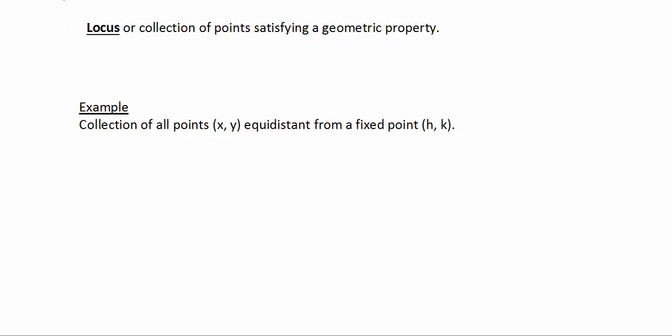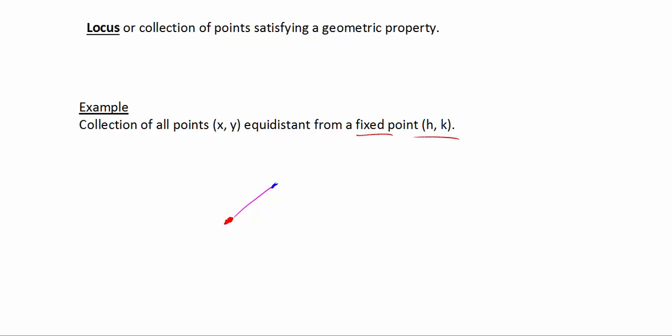All right, hopefully you were able to figure out this shape. If we look at this carefully, we have a fixed point h, k. That means we have a point that is not going to move. And we want the collection of all points that are equidistant from this point. So we're going to go out a fixed distance, and then we're going to look at all of the points.